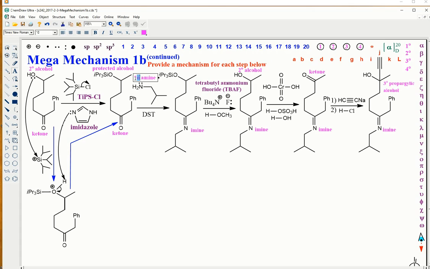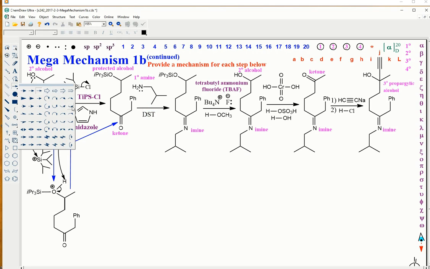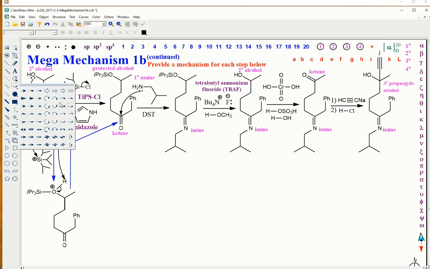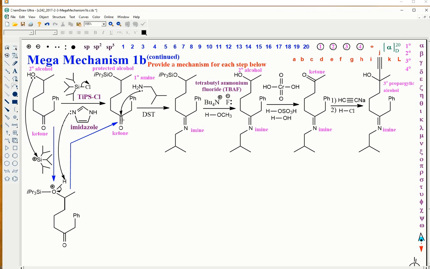Reminder, Dean-Stark traps help all condensation reactions, of which this is one. The lone pair on the nitrogen, as you know, is a pushy fellow. It will attack the carbonyl, generating an alkoxide, illustrated here.